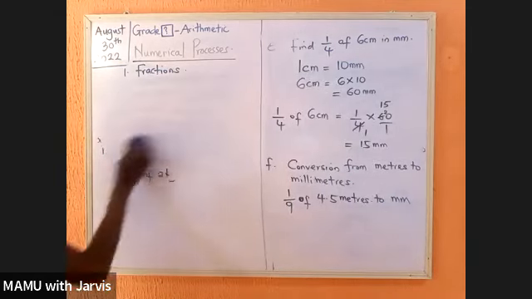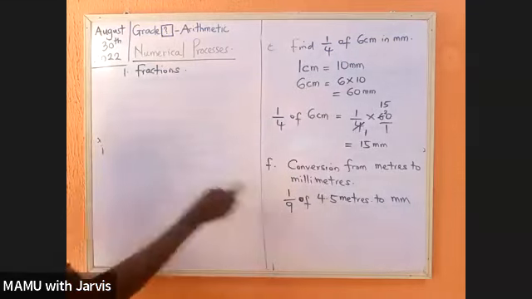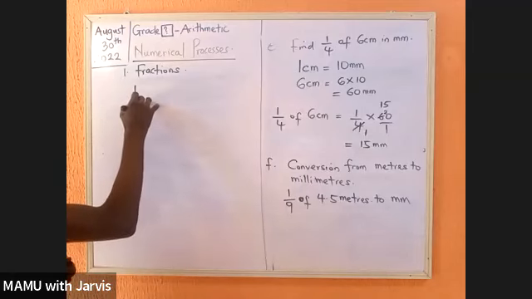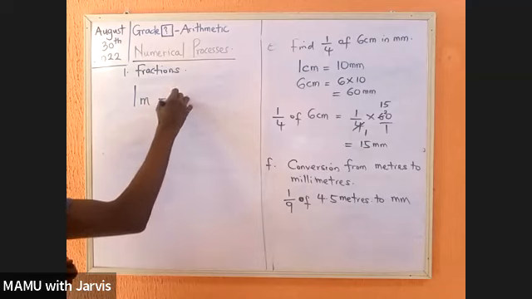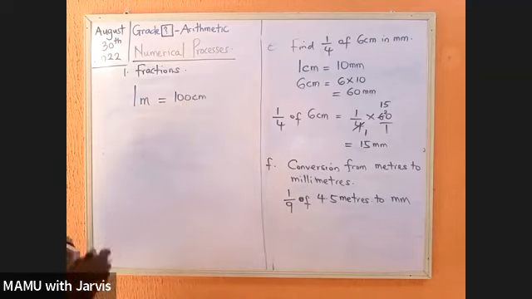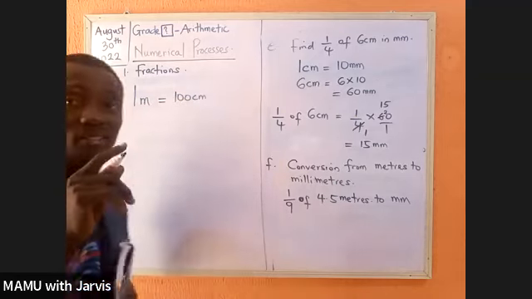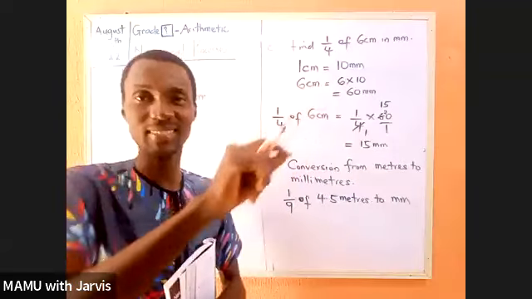We'll take it the way we've been doing it, step by step. You start by saying 1 meter is equal to what? 100 centimeters. We know that already. Now, there's no direct connection between meter to millimeter. You need to create it.